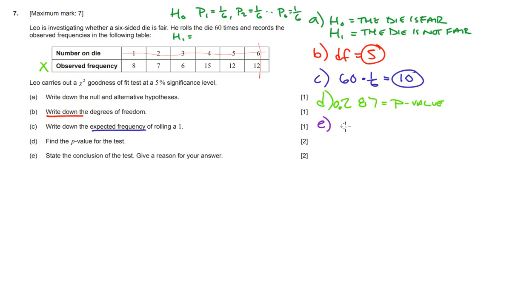Back to part E. So what we write is we've got 0.287 is indeed greater than 0.05, our significance level.